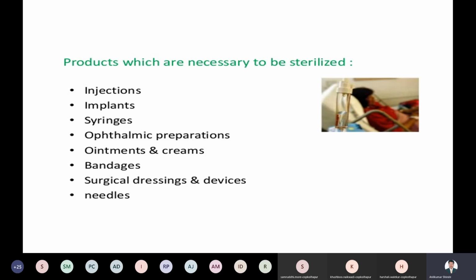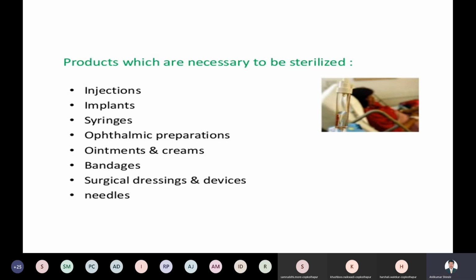So all infusions may be Ringer lactate, saline solution, or dextrose solution. These are called large volume parenterals. The volume is more than 1 liter. Understand it? But injections have a small volume, most of the quantity of that injection is not more than 10 ml.